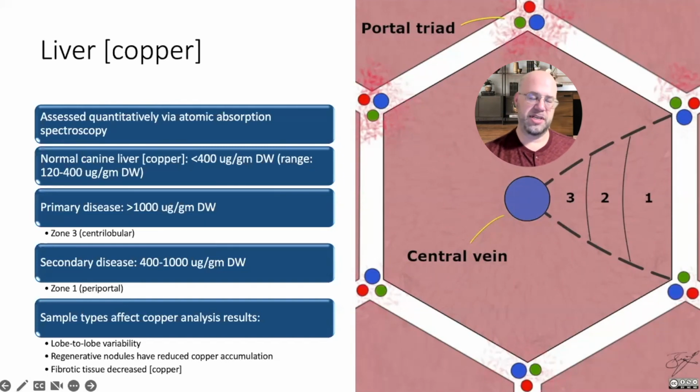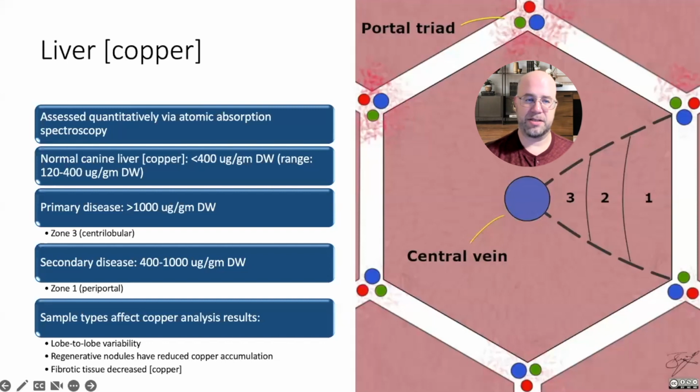Copper storage disease is often described as being primary or secondary. And again, not to cause PTSD, but we need to recall the zones of the liver. So we have zone 1, 2, and 3. And zone 1 is often referred to as being periportal, while zone 3 is called centrilobular.